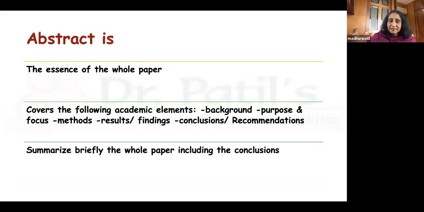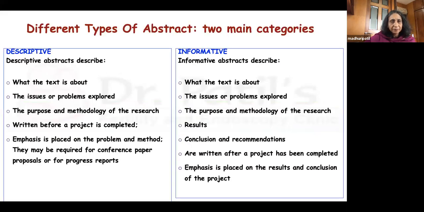So basically it is then the essence of the whole paper. It covers all the academic elements, which include the background, that is the purpose and the focus, the methodology, the results, finding, conclusion, and recommendations, and summarizes briefly the whole paper, including the conclusion. So you have made a different type of abstract.